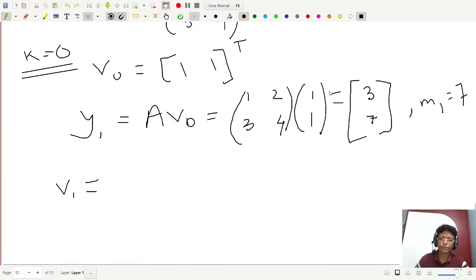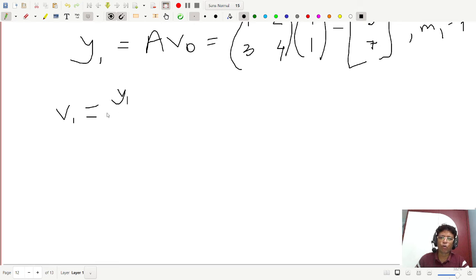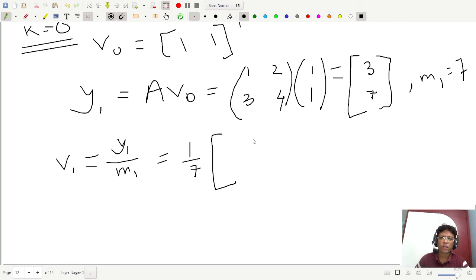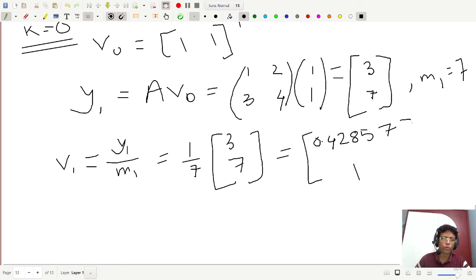So y1 is 3, 7, and dividing by 7, I have calculated the values, so you can cross-check that: 3 over 7 and 1. So this is your v1. You have calculated y1 and v1. This is your first iteration.